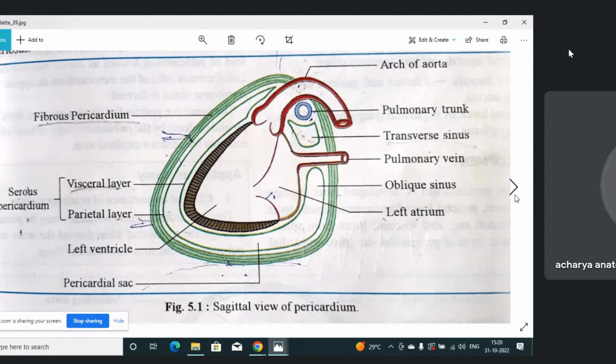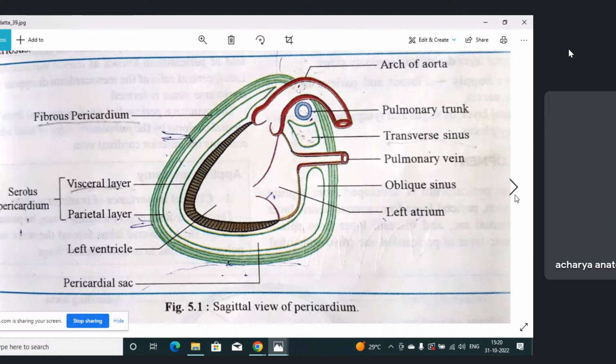Pericardium has mainly two parts. Number one, fibrous pericardium, and number two, serous pericardium.